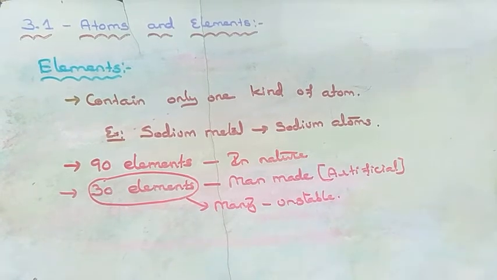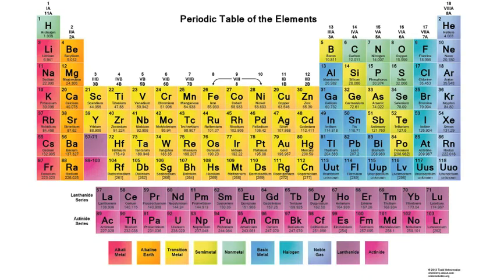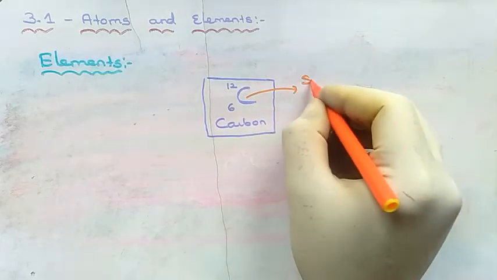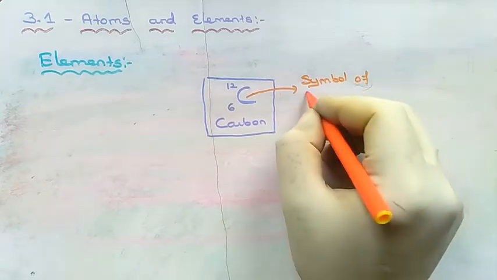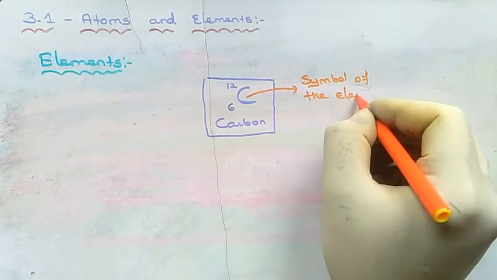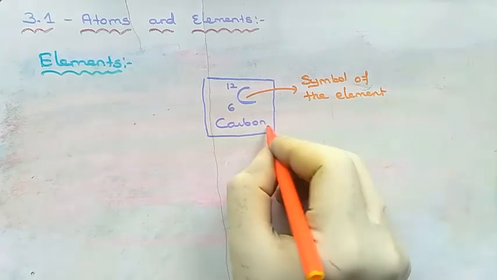Next, we are going to see about the periodic table. In the periodic table, element symbols, element names, proton number, and nucleon number are all given. For example, in carbon, C is the symbol of the element and carbon is the name of that element.